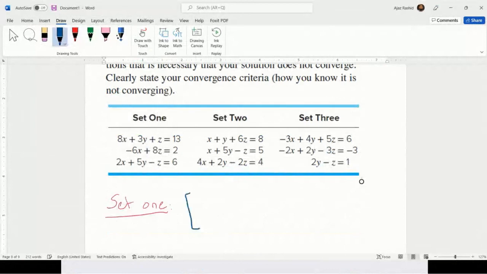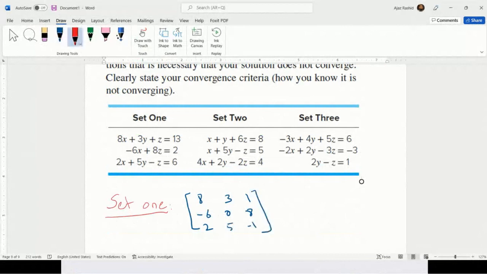Our matrix is 8, 3, 1; the variables are x, y, and z; -6, 0, 8; 2, 5, -1.